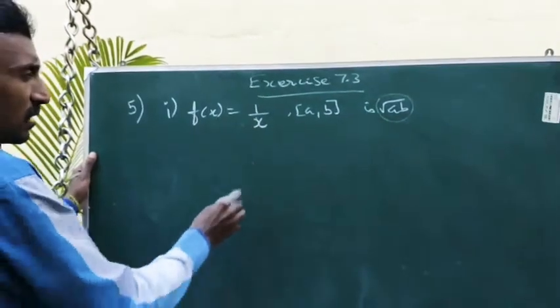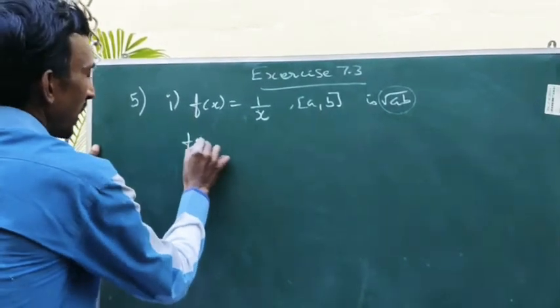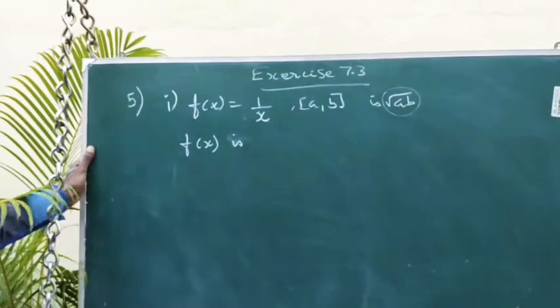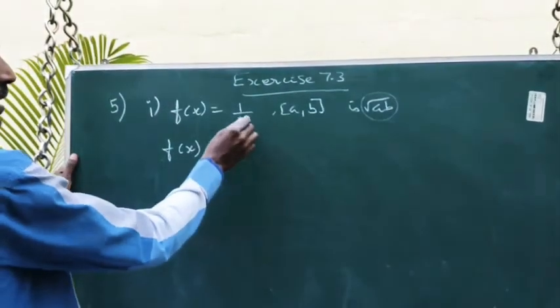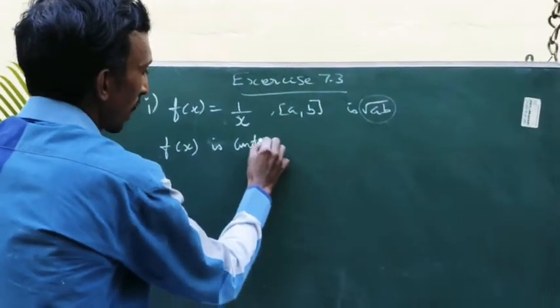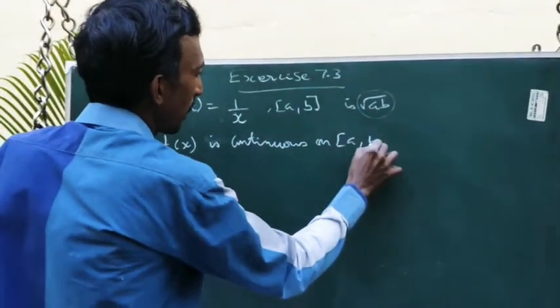So 1 by x exists and we can say directly, all rational functions are continuous if the denominator is not equal to 0. Here the denominator is not equal to 0, therefore f of x is continuous on closed a comma b.